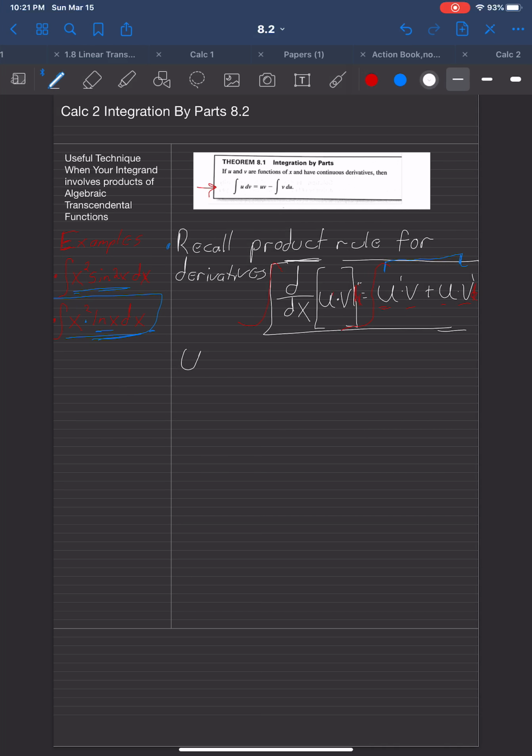So the only thing left on the left side of the equation is the product of u and v. And as of right now, I'm just going to rewrite the right-hand side of the equation, because we've got just a little bit more work to do to make sense of this.